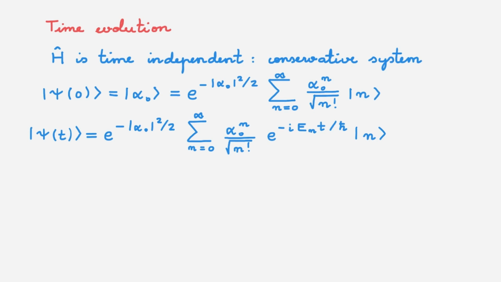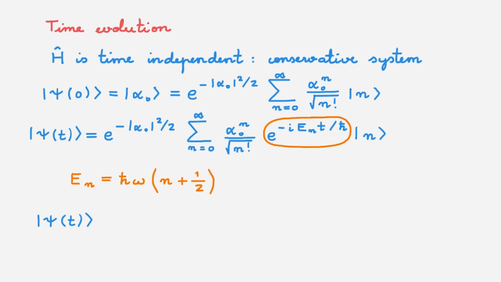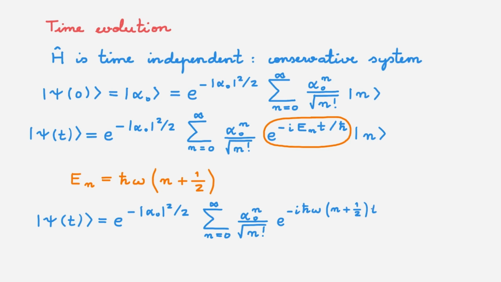The only difference is that now each eigenstate is multiplied by this term here, a phase factor that is proportional to the corresponding energy eigenvalue. In our case, the energy eigenvalues are those of the quantum harmonic oscillator. So we can rewrite the state at time t as equal to the exponential prefactor and then the sum over eigenstates, where I am including the explicit form of the energy eigenvalues of the quantum harmonic oscillator.